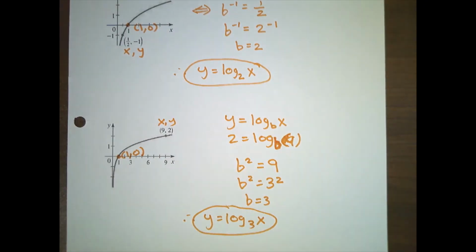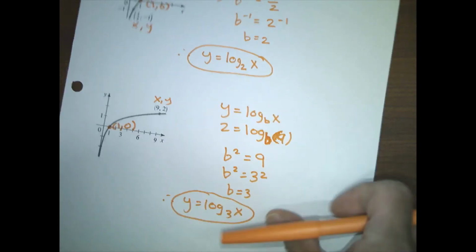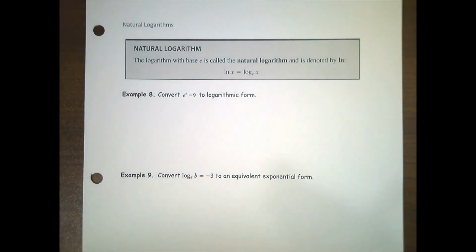Hopefully that all makes sense of how I am writing down the functions here. Now we are going to go through this all again for natural logarithmic functions. Let's do an example. Again, natural logarithmic functions are just functions with the base of e.